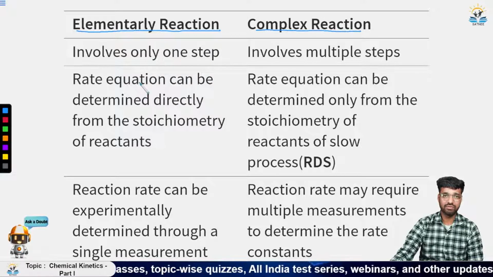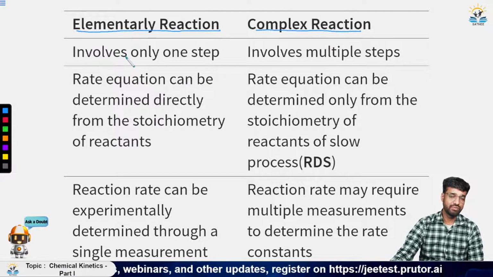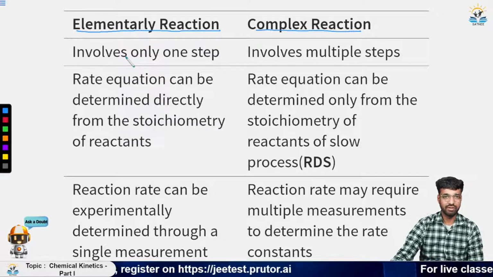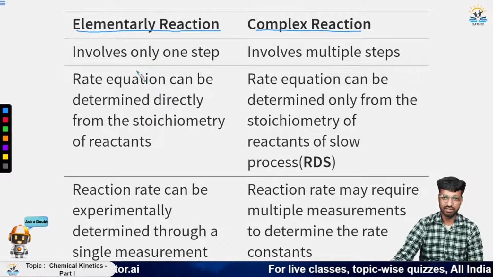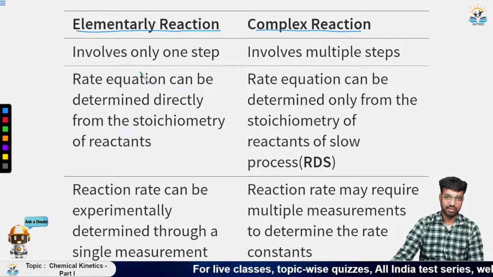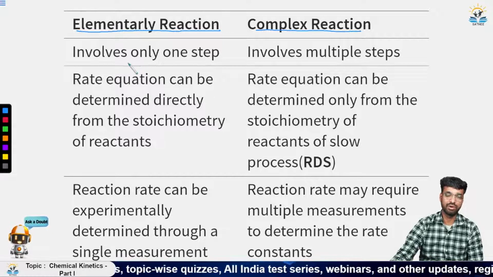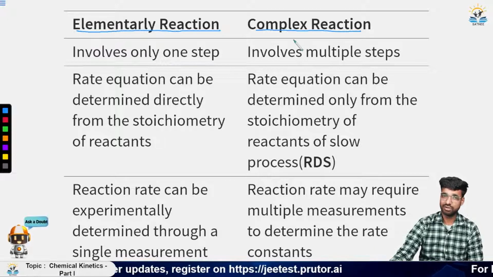So we will see in which case the stoichiometric coefficient is equal to the order of the reaction and in which it is not. Suppose in the question the equation that is given is of an elementary reaction, then you will simply take the power, that is, suppose the coefficient of A going to B is small a, then you will simply write the rate law as R is equal to K A raised to the power small a in case of elementary reaction. But in complex reaction you cannot do it so.